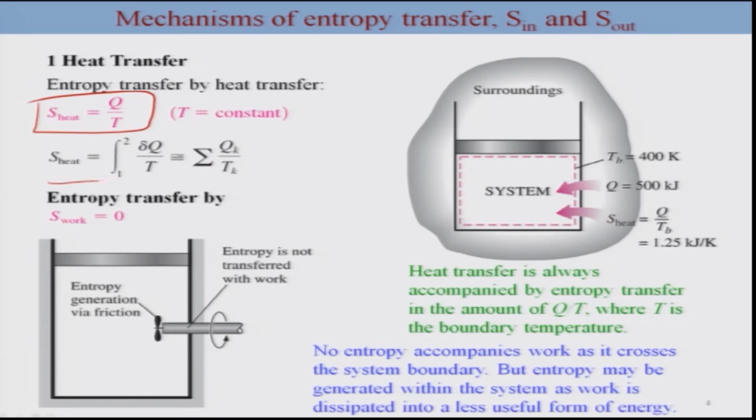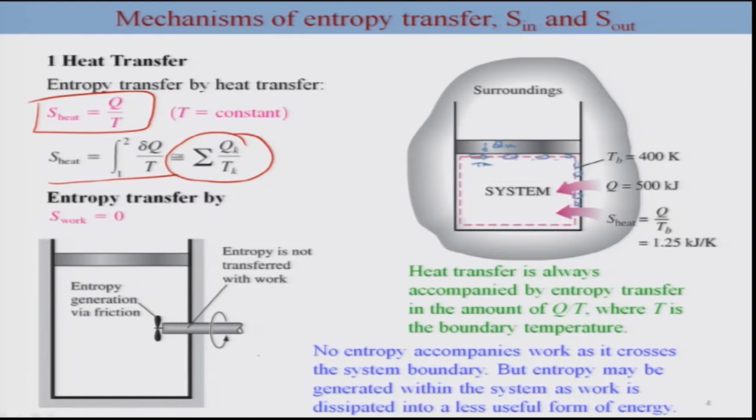S heat is nothing but del Q by T. For example, if this is a system and there is heat transfer from the surroundings, this can be approximated as various parts of the boundary, with a small Qk coming through each part and the corresponding temperature Tk, and this can be approximated as the sum of all possible transfers in this way.